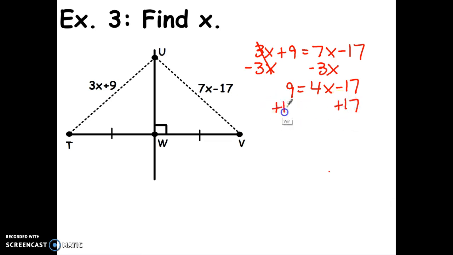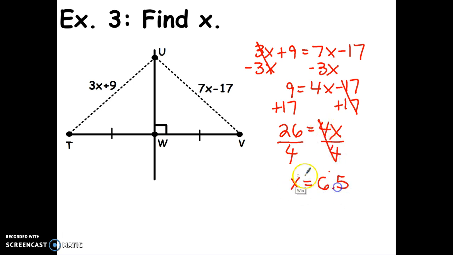Add 17 on both sides. 9 plus 17 equals 26. Divide by 4 on both sides. X equals 6.5.